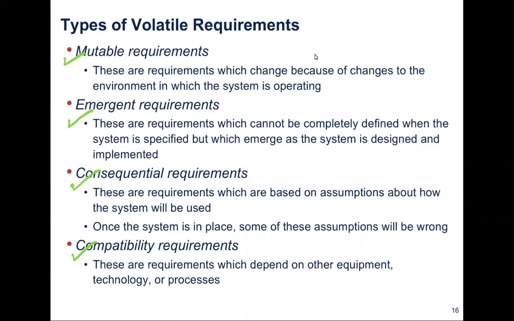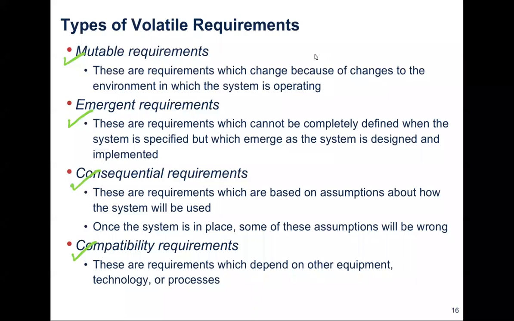The consequential requirements are those requirements which are based on assumptions about how the system will be used. So if you build requirements that are built on assumptions, once the system is in place, some of these assumptions might be wrong. That means your requirements might be impacted by such assumptions.